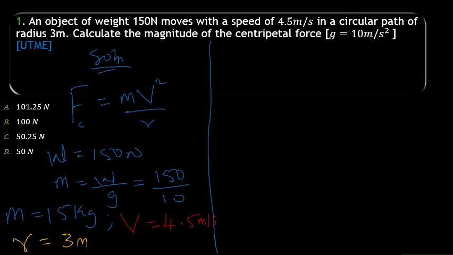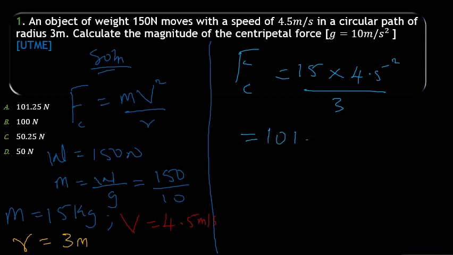Okay, that means that centripetal force is equal to the mass, which is 15, times the velocity, which is 4.5 squared, all over 3. So if you punch this out, you are going to get 101.25 newton. So option A is correct.